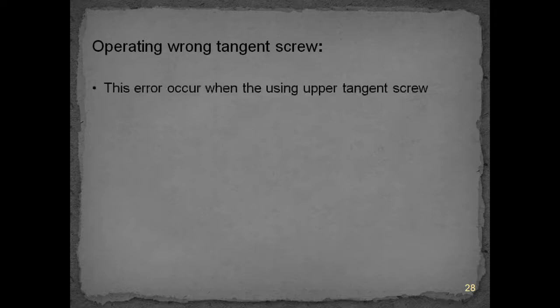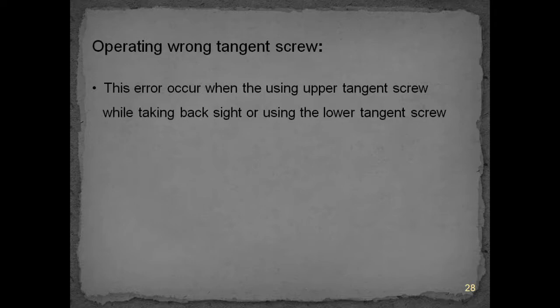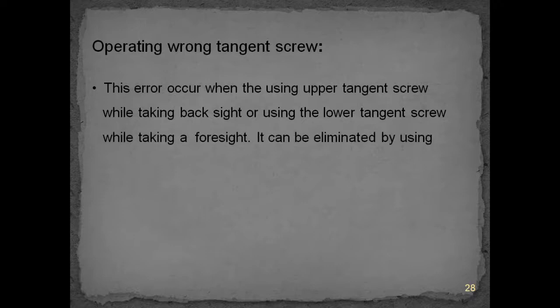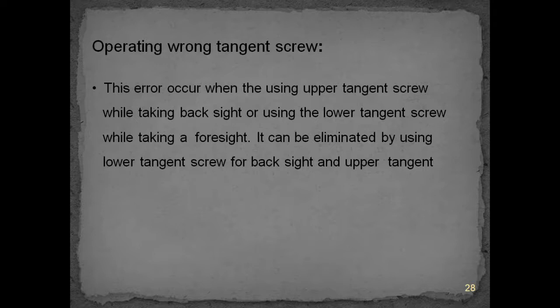Next, operating the wrong tangent screw. This error occurs when using the upper tangent screw while taking the backsight, or using the lower tangent screw while taking the foresight. This can be eliminated by using the lower tangent screw for backsight and the upper tangent for foresight.